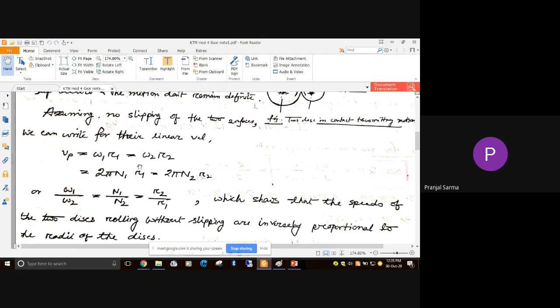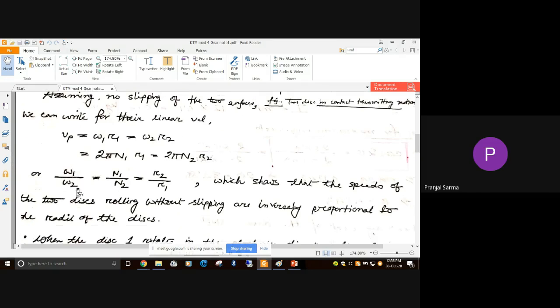The 60 we can cancel, or if we don't consider the 60, it will be in terms of rpm. Now the 2 pi get cancelled, and we can get a relationship between the angular velocity, or the rpm, with respect to the size. We can write omega 1 by omega 2 equal to r2 by r1, which is nothing but n1 by n2.